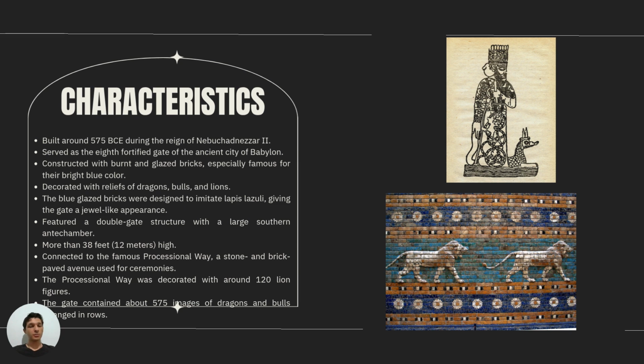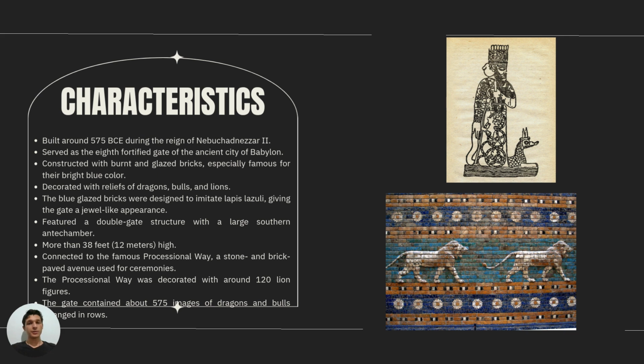One of the most famous characteristics was the burnt and glazed bricks, especially those bright blue bricks that covered most of the gates. The gate itself was frankly enormous. It stood more than 12 meters tall, or about 38 feet. It also had a double gate design with a large southern antechamber.